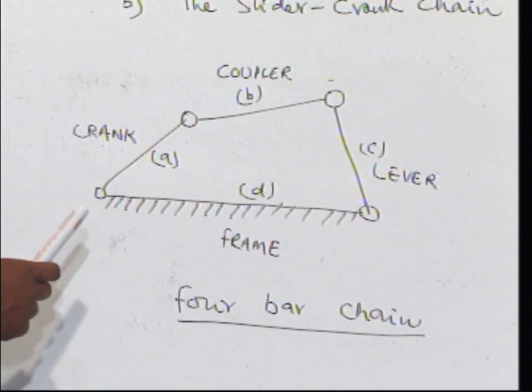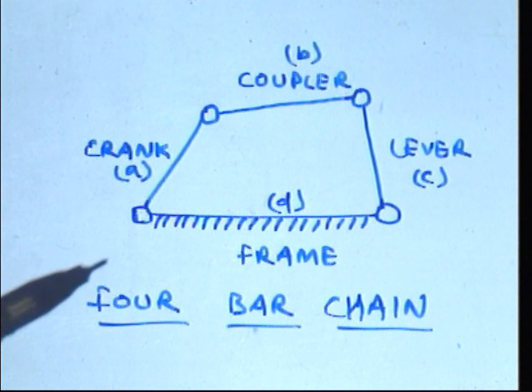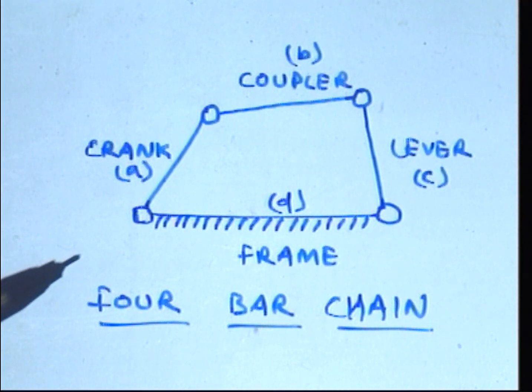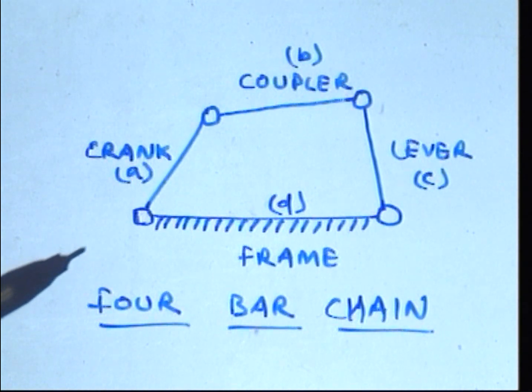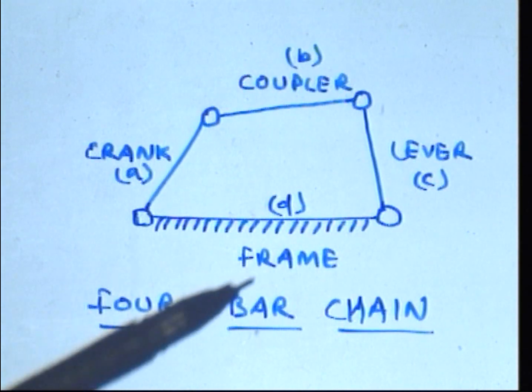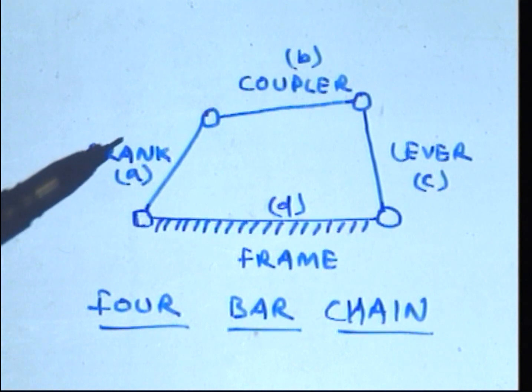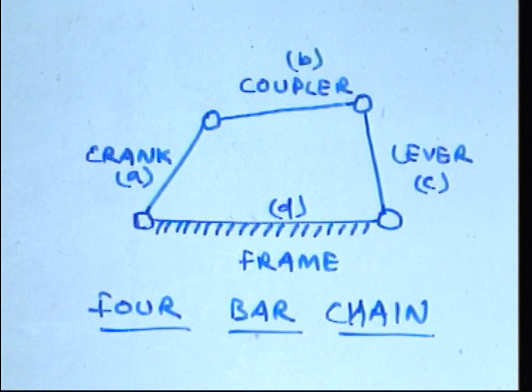We now go to the inversion of a 4 bar chain. You see here a 4 bar chain or a quadric cycle chain which has 4 links: the frame, crank, coupler and lever.